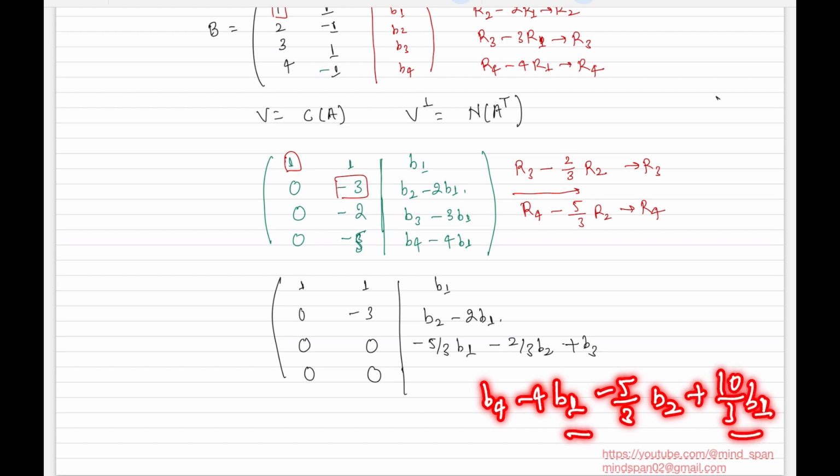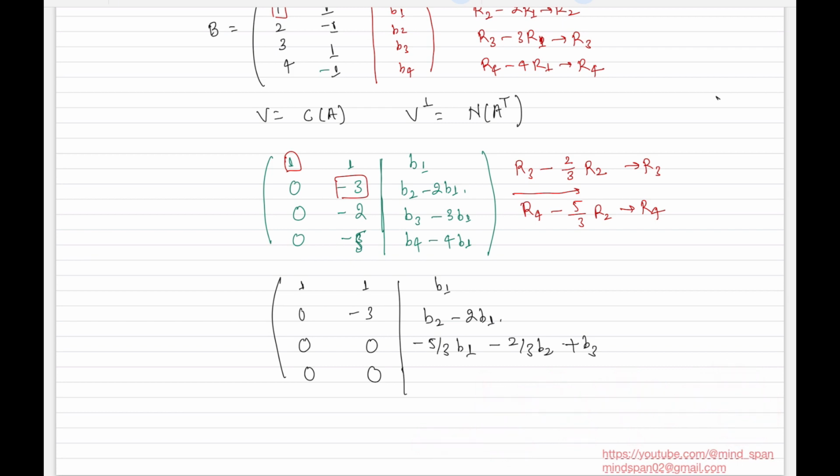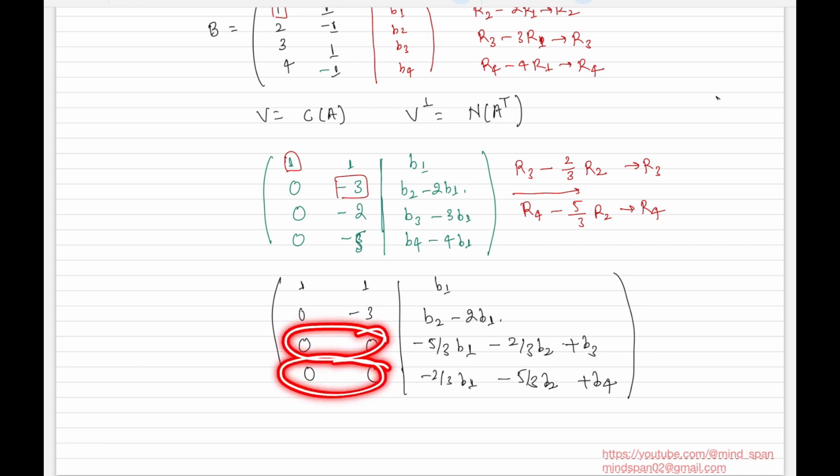So b1 is there, b1 is there, so 12 plus 10, so minus 2 by 3 b1, and the other will remain as it is, minus 2 by 3, minus 5 by 3 and b4. Okay, so here we will have minus 2 by 3 b1 minus 5 by 3 b2 and plus b4, right? So we have got the rows of 0, this one and this one.